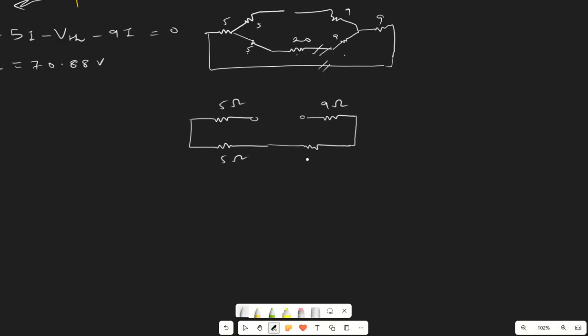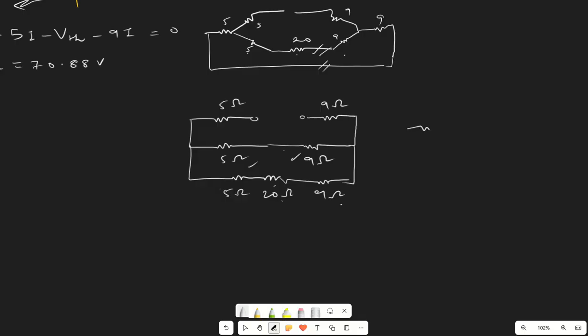So we have 5 ohm here, 9 ohm here, and finally all these three resistances in the middle are in series. So we have here 5 ohm, 20 ohm and 9 ohm. Now after solving, these three are in series, these two are in series, then these two are in parallel, and then all the circuits are in series.